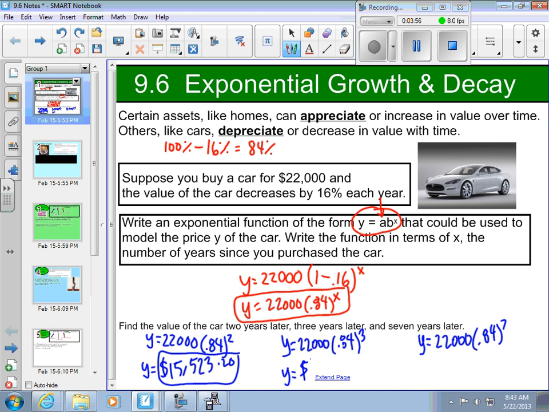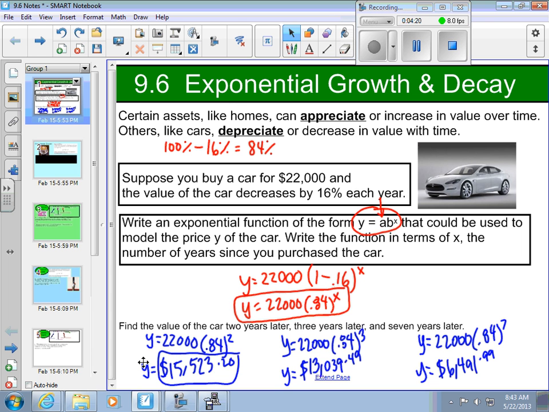You'd find this one to be $13,039.49. If you want it 7 years later, do the same thing, enter it. It gets all the way down to $6,491.99. So you can see the value of the car is decreasing exponentially.